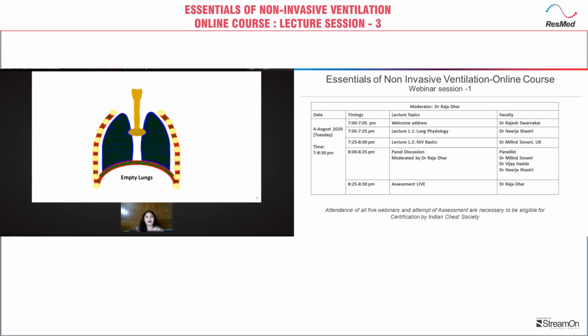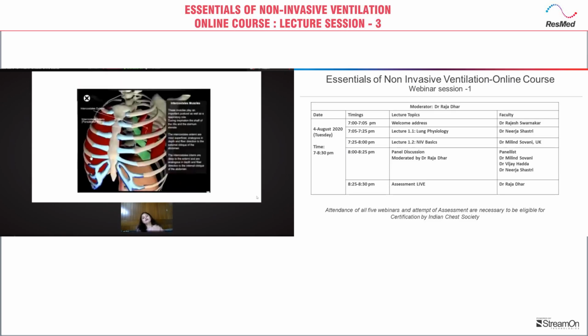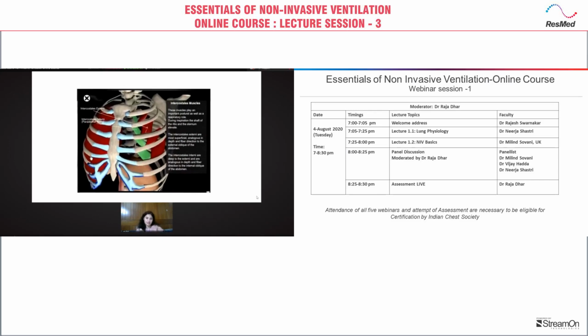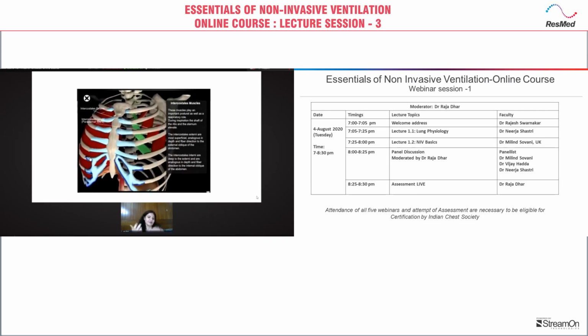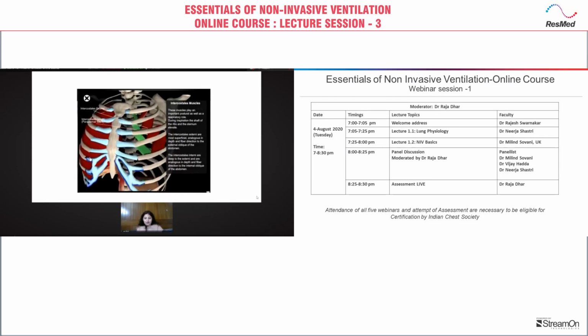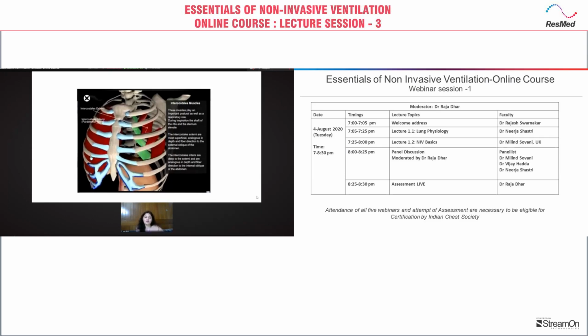During inspiration, your inspiratory muscles contract, especially the diaphragm and external intercostal muscles. When they contract, the volume in the chest wall increases, whereas during expiration the volume decreases. Why do we want this change in volume? Because it brings a change in pressure.